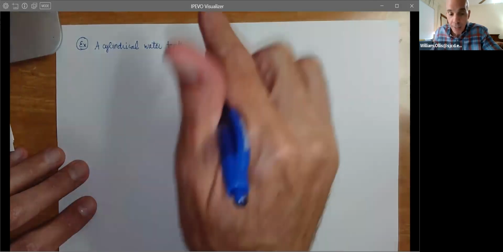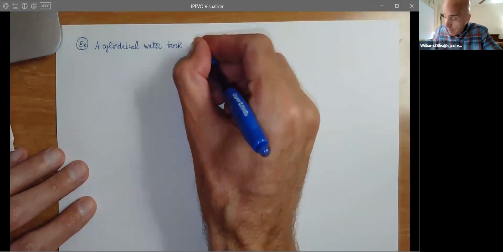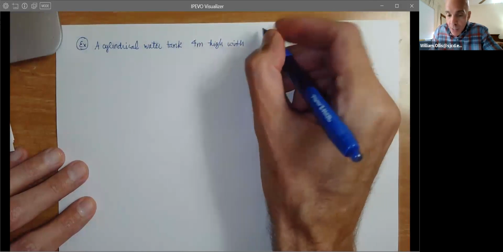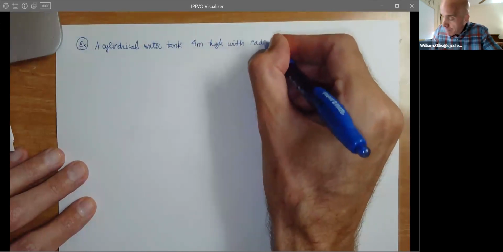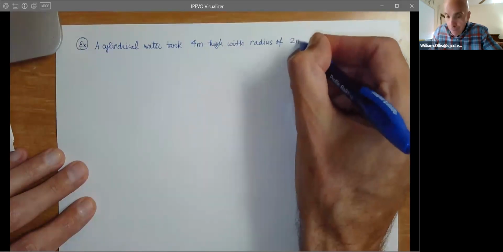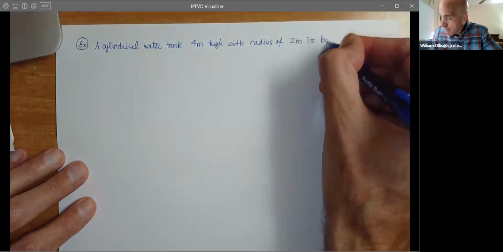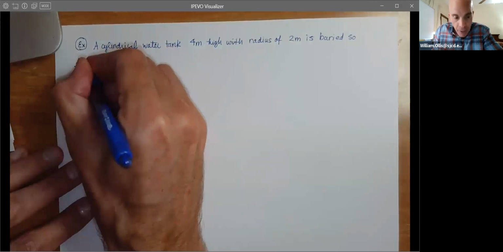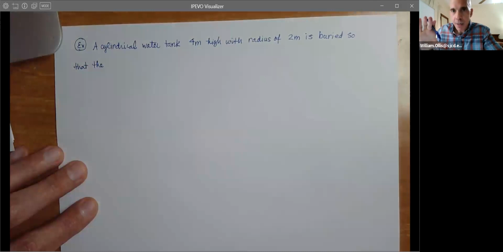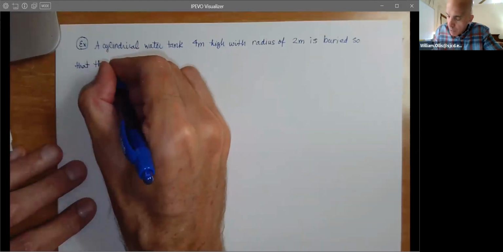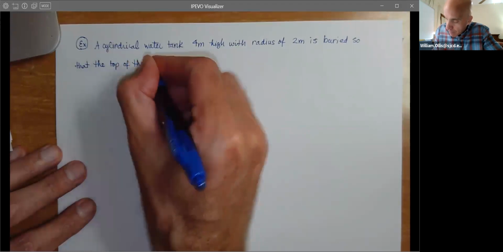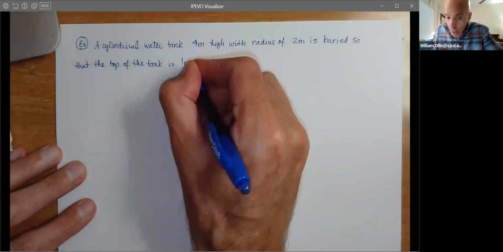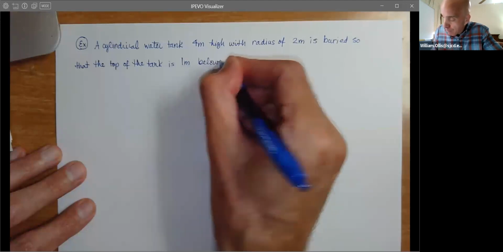So a cylindrical water tank, 4 meters high, with a radius of 2 meters, is buried so that the top of the tank, like think of a Coke can or something, is 1 meter below ground level.